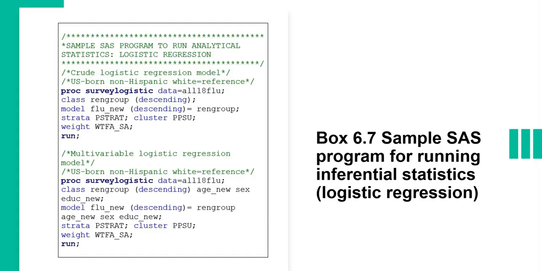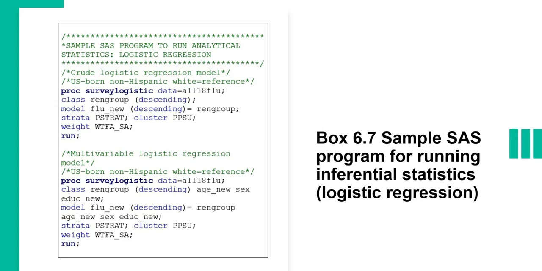So box 6.7 provides a sample SAS program for running both the crude and the adjusted results. Here you can see, in order to run the crude results, you have proc surveylogistic. Then you have the name of the data file. You have the class statement, which includes the independent variable.